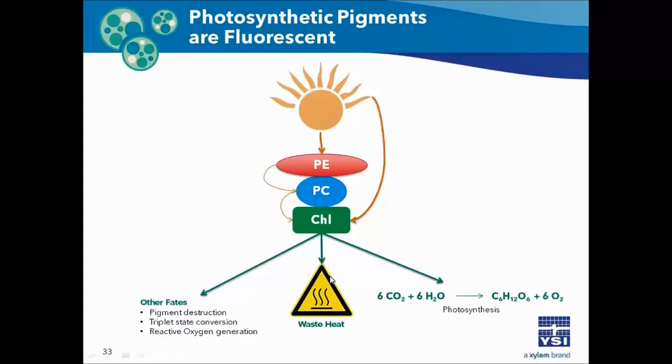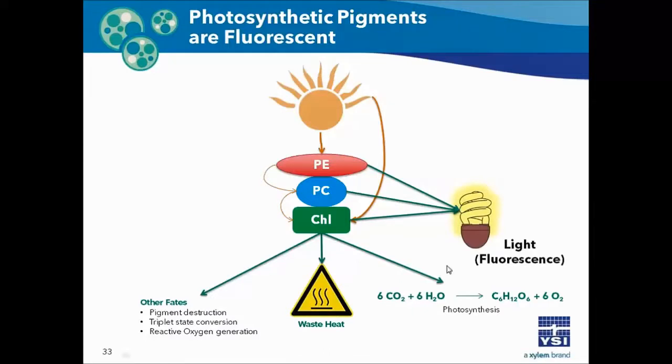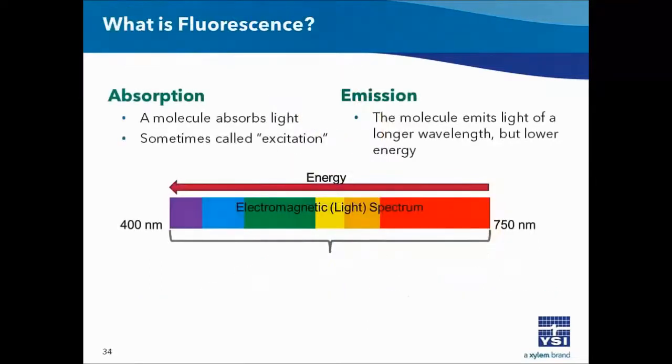It's kind of like your air conditioner system in that regard. And then of course a lot of it goes to photosynthesis. But what you may not have thought about before is a lot of that energy also gets released as light by the pigments. So these pigments absorb sunlight, and then some of that light gets released as a different wavelength. And that's actually what fluorescence is.